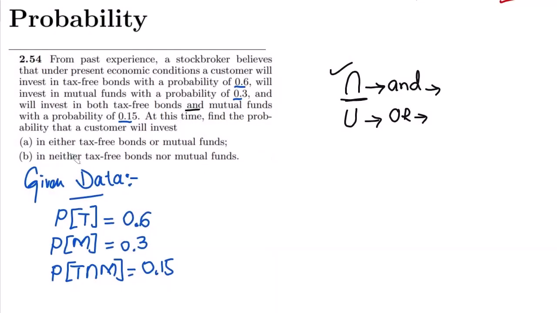So what do we have to do? We have to find different situations. Now, for either tax-free bonds or mutual funds, we can see that we have the or condition, and for or we have to use the union. So I have to find the probability of tax-free or mutual funds.